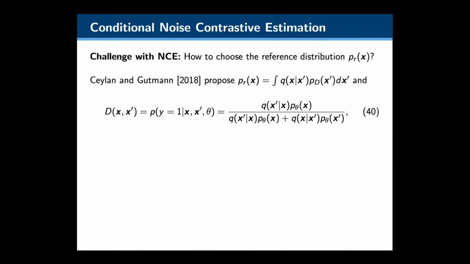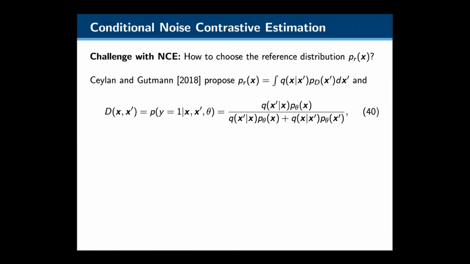So this other paper by Salimans and Goodman proposed the following reference distribution. This is actually quite similar to denoising score matching in a sense. So you take your data distribution and you perturb it a little bit by some, possibly Gaussian, noise. And you set up a similar classification problem: you sample an X from your data, and then you perturb that by some random noise.